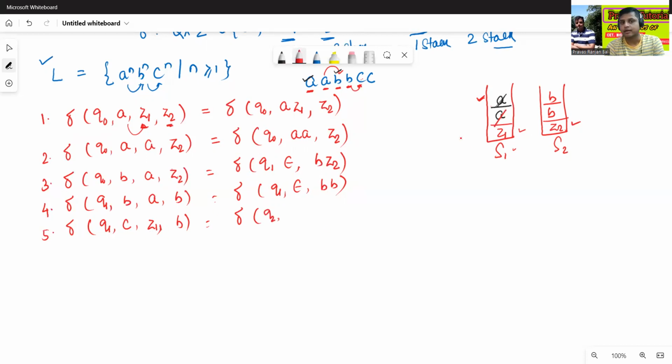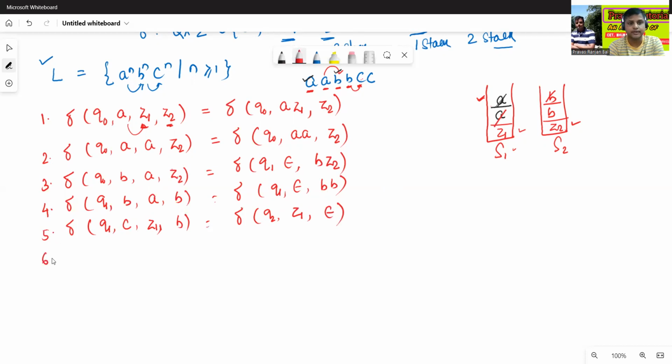C will pop this B, so here the S1 stack is empty, which means I will not perform anything. This is not epsilon actually, this is just Z1. Then here pop means epsilon.